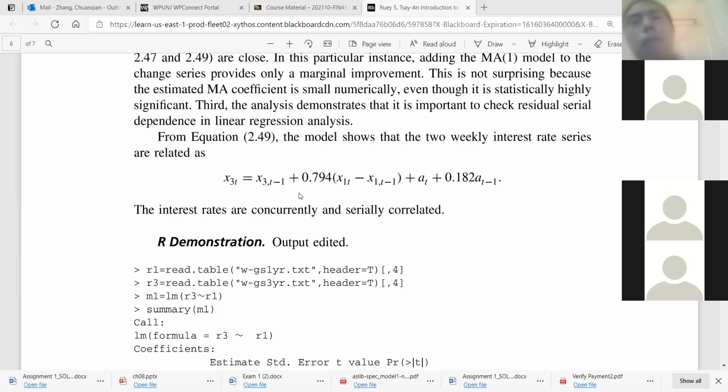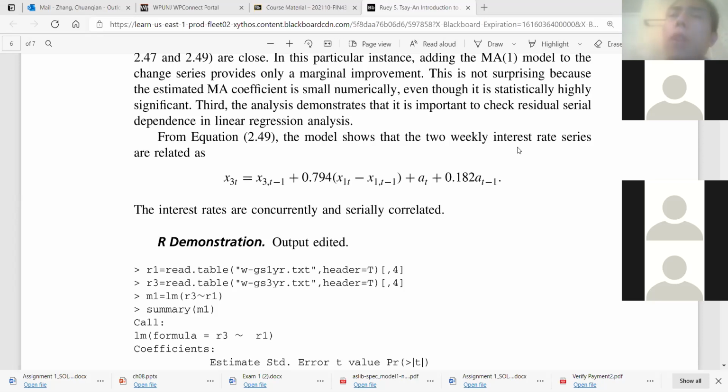Let's mention a little more on why the author considered weekly interest rates. Why not daily? Think about it: with daily data, the data size will be much bigger. Because they use weekly data, every week they only have 1 interest rate. Daily becomes multiplied by 5 trading days, right?